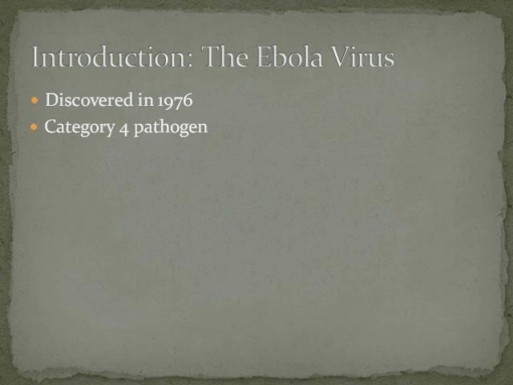In addition, this virus is a highly virulent and lethal virus that is characterized by being very readily disseminated from person to person. As such, the CDC has categorized it as a Category 4 pathogen.